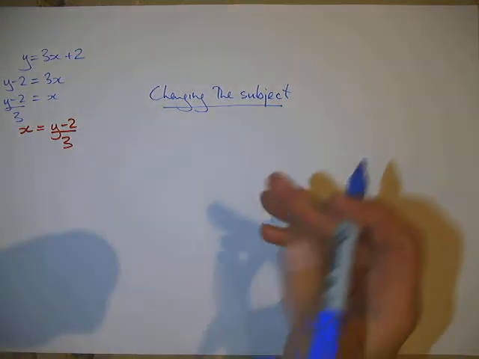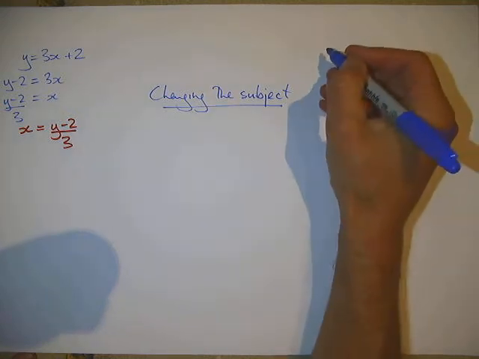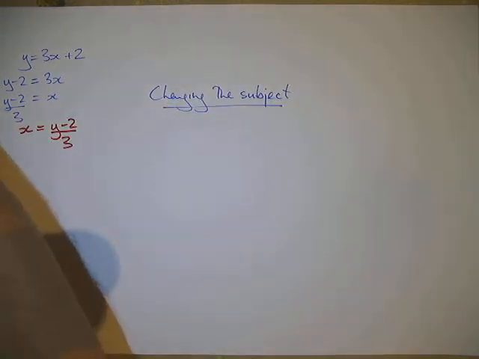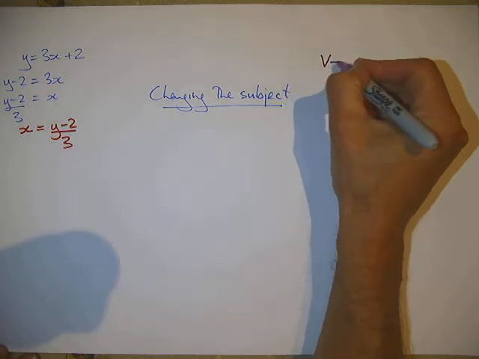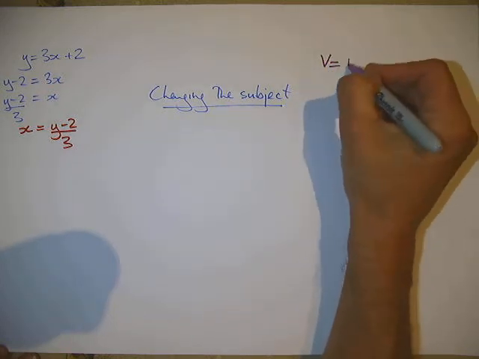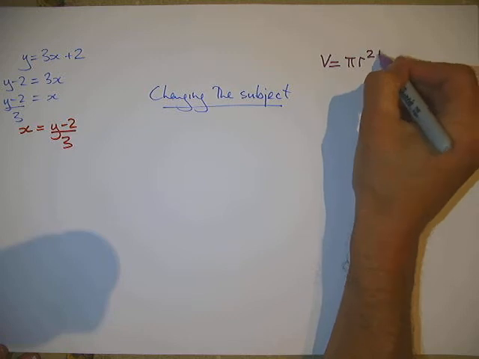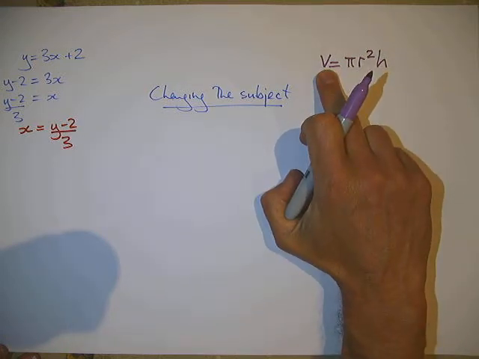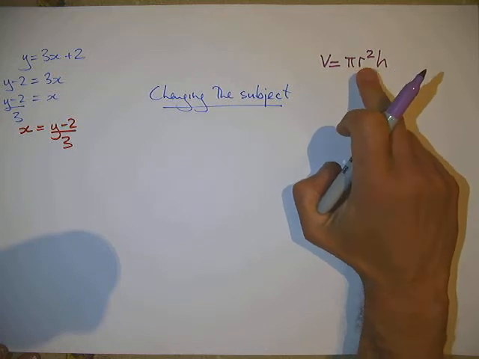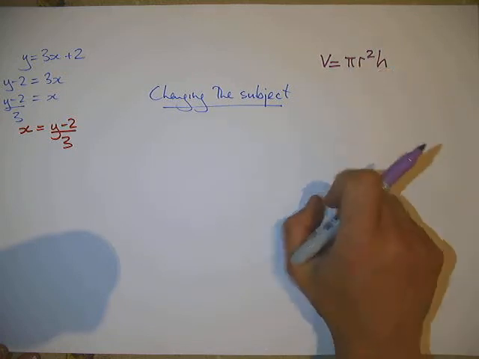We can make it more complicated by starting with more complicated formulae. Let's say I started with v equals pi r squared h. So v is expressed in terms of pi, a number, r squared and h.